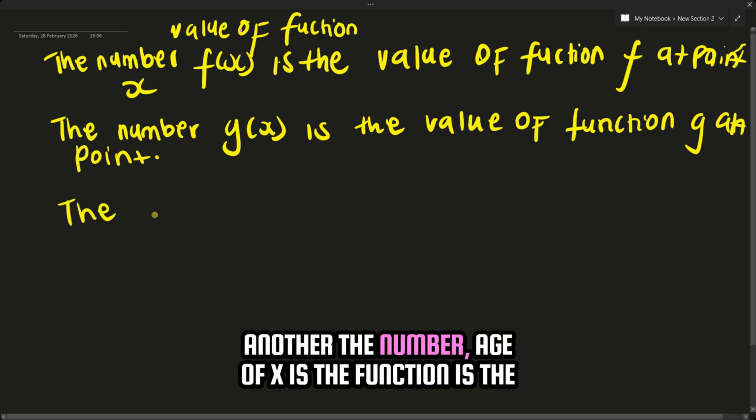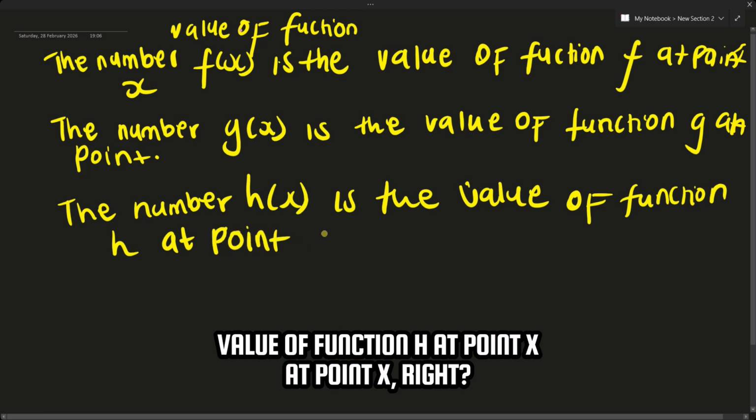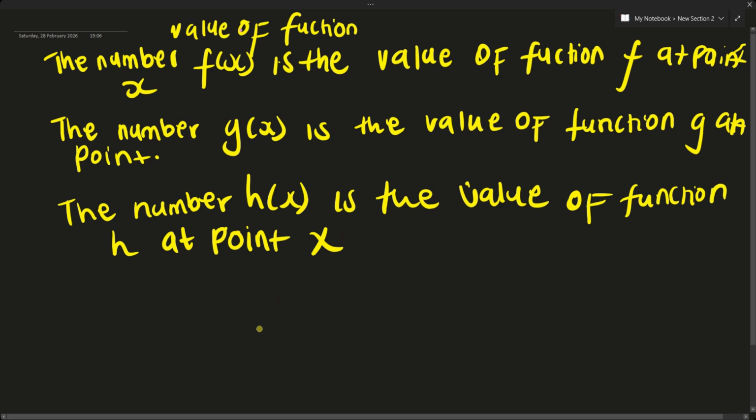Another, the number h of x is the value of function h at point x, right?